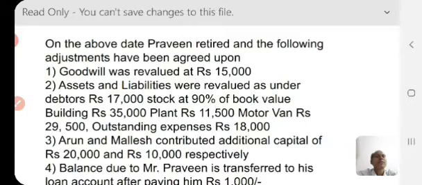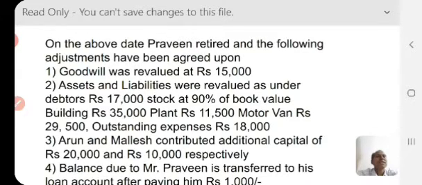Assets and liabilities were revalued as under. Debtors 17,000. Stock at 90% of the book value. Building rupees 35,000. Plant 11,500.